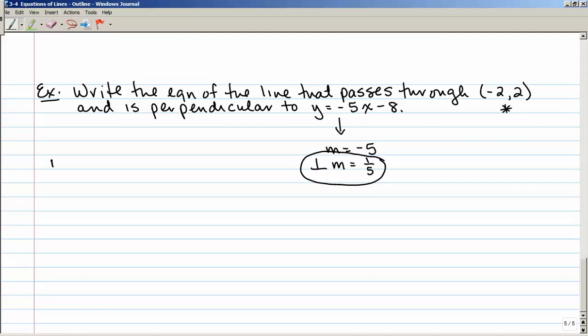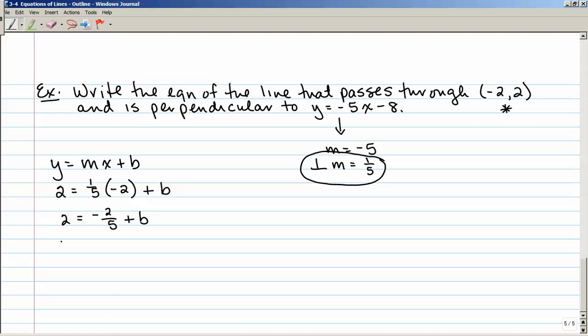So let's do that. y equals mx plus b. My y from my point is 2. My slope, the opposite reciprocal of the given slope, is 5. My x coordinate is negative 2, and I need to find my b. So that's going to give me 2 is equal to 5 times negative 2 plus b.